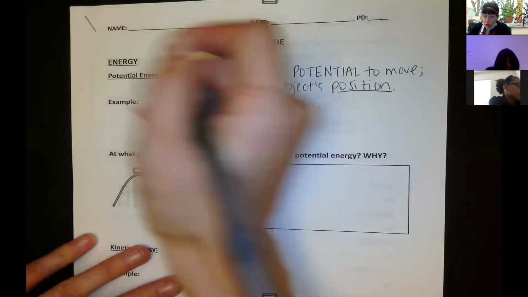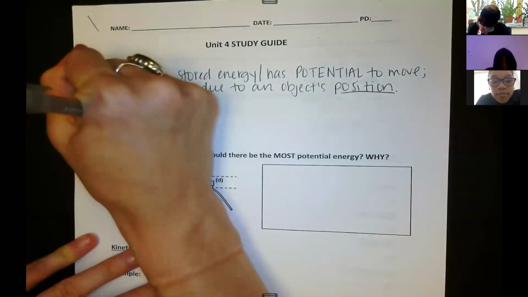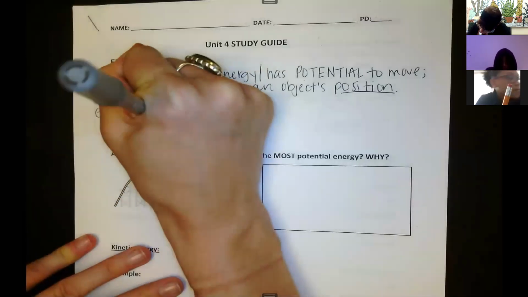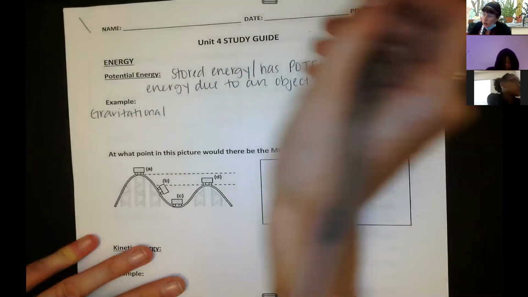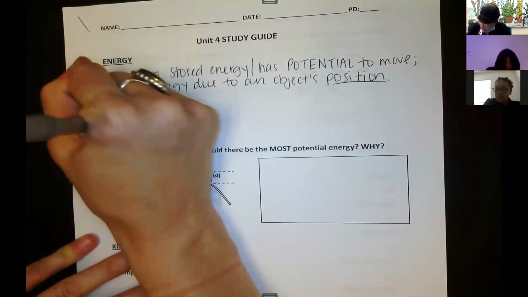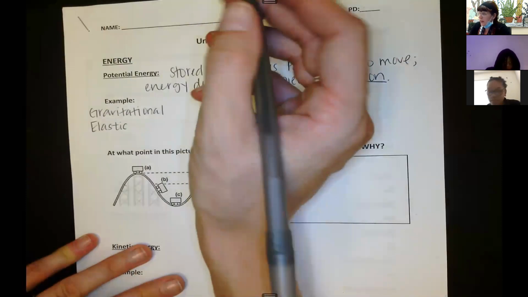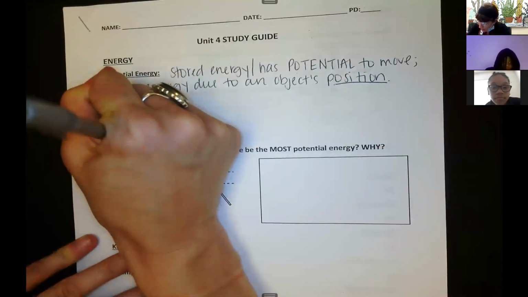Yeah, gravitational. So let's start with that as our examples. We're going to talk about the 3 different kinds. I have gravitational, elastic, and what's the last one? Kinetic is motion. Chemical. That's our favorite kind.